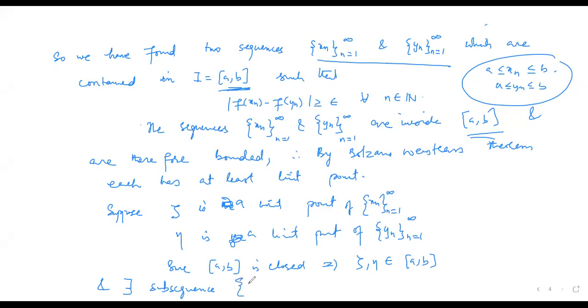So there exists a subsequence, let's call that xn sub k, k runs from 1 to infinity, and y sub n sub k, k runs from 1 to infinity, of xn and yn respectively, such that xn sub k converges to zeta and yn sub k converges to eta as k approaches infinity.